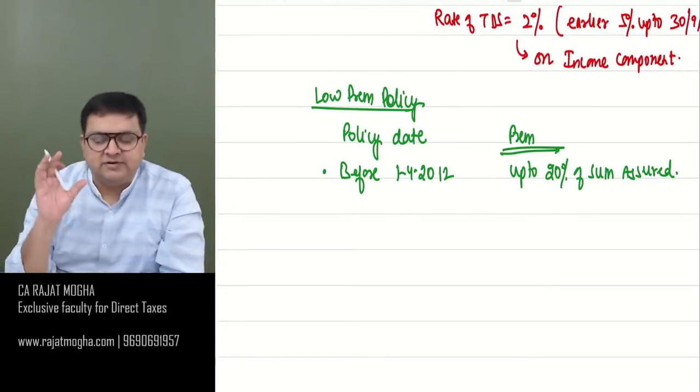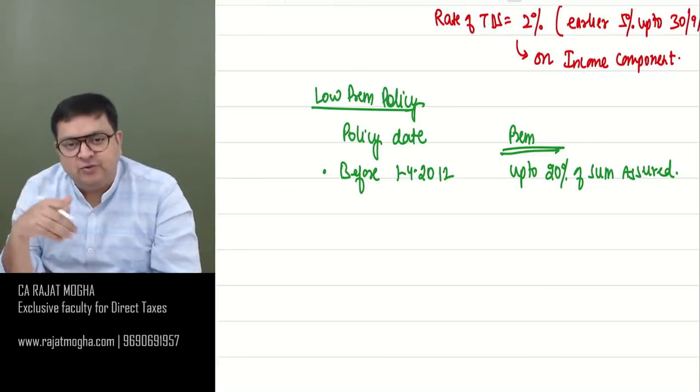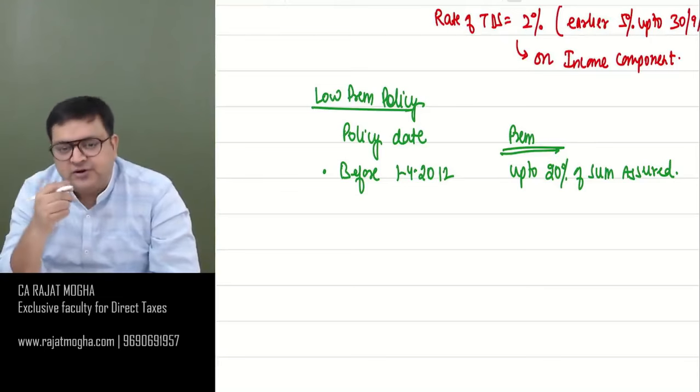If the premium is 20% of the sum assured, it's a low premium policy. If it is more than 20% of the sum assured, it's a high premium policy.